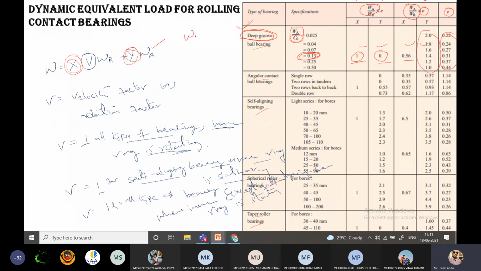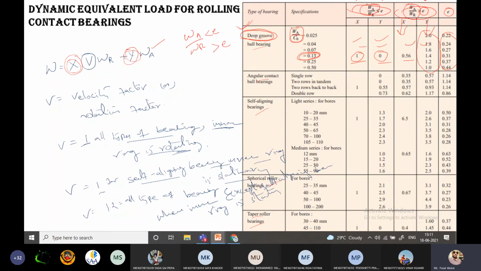First we have to calculate the WA by WR ratio. If our calculated value is less than E, we select X and Y from this column. If we get a value greater than E, then we select this column's X and Y values.